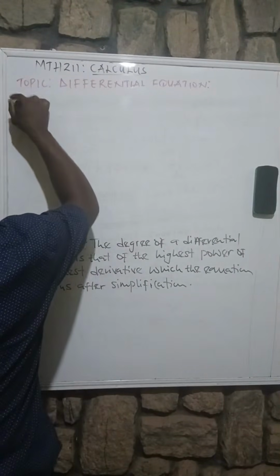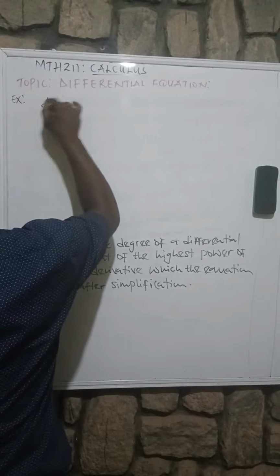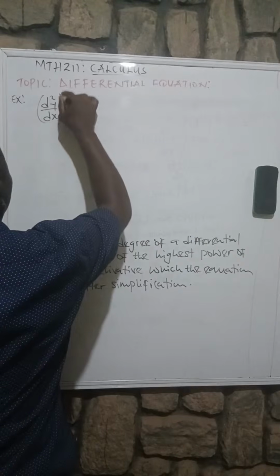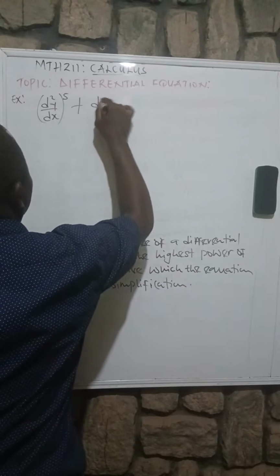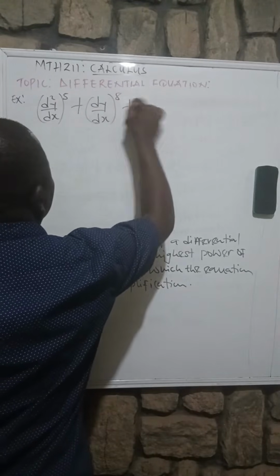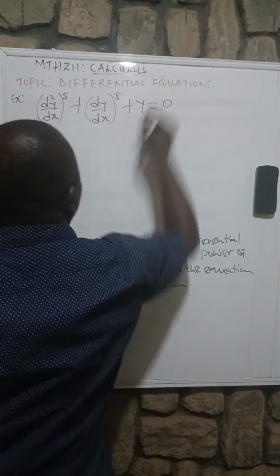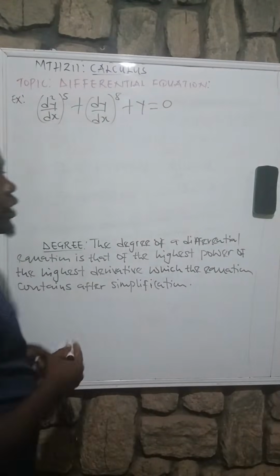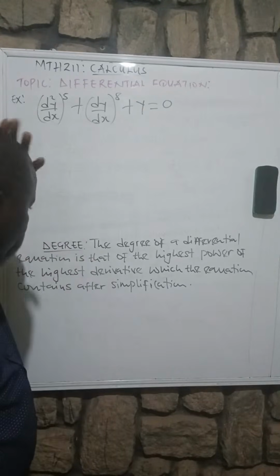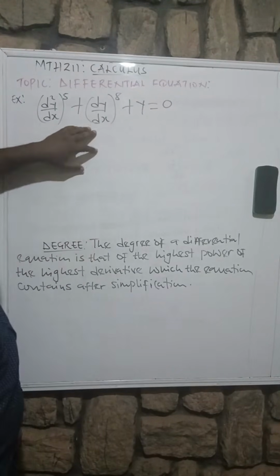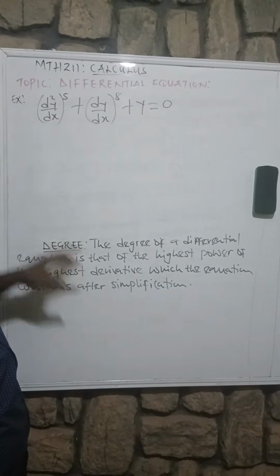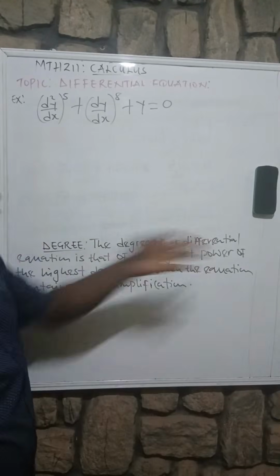Let's have, for example, (d squared y over dx squared) raised to power 5 plus (dy over dx) raised to power 8, y equals 0. So if we are to classify this differential equation into degree, let's define what degree is all about.